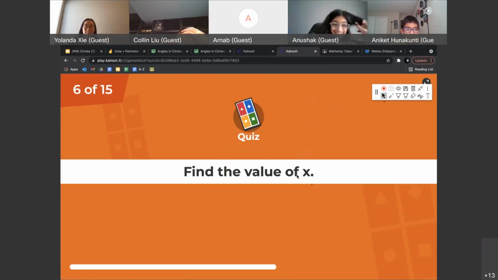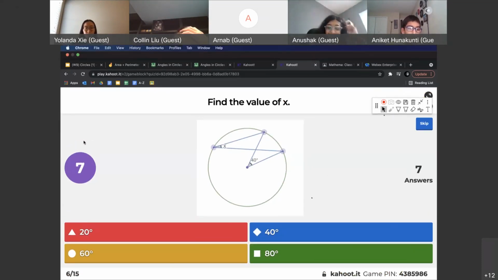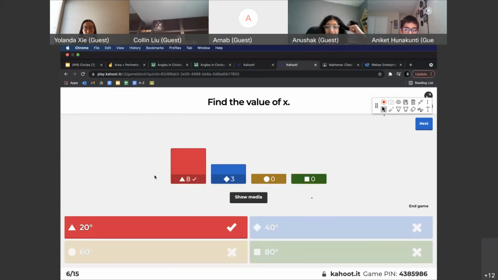All right, find the value of x. I'm just making an educated guess because I have no clue.